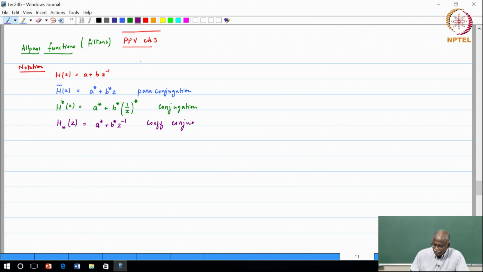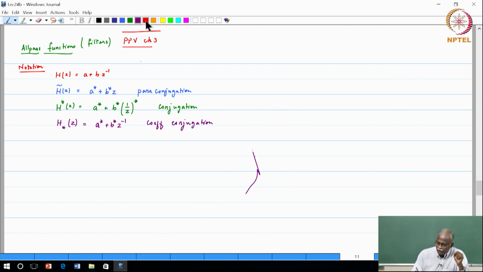So, 3 things we have introduced. One is para conjugation, where you conjugate and change Z inverse to Z; conjugation of the expression where all terms including the Z term get conjugated; and then coefficient conjugation.